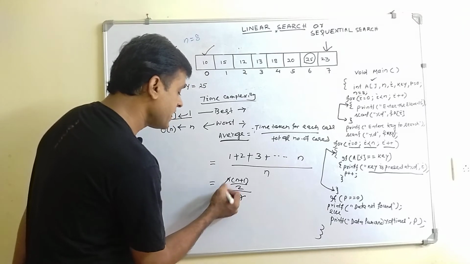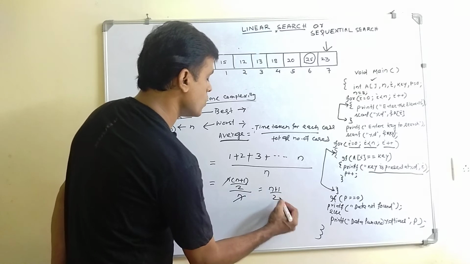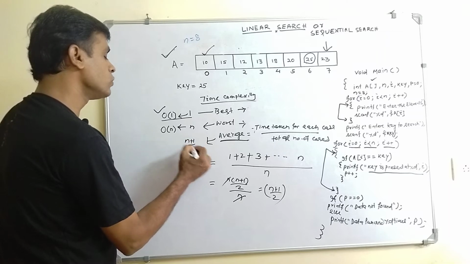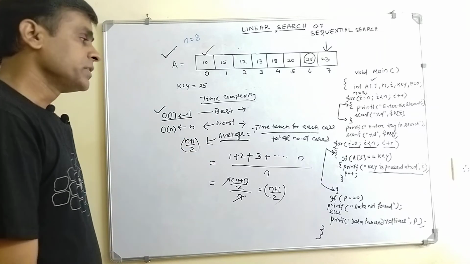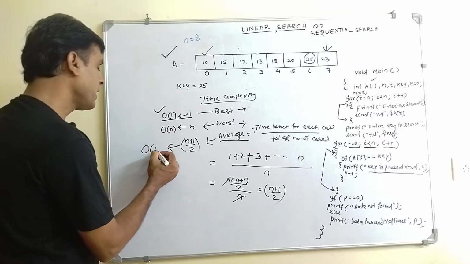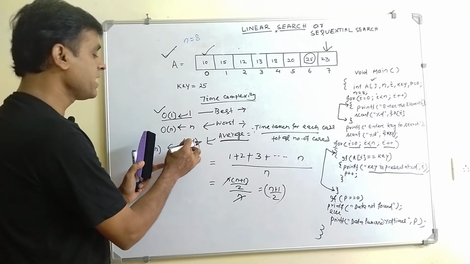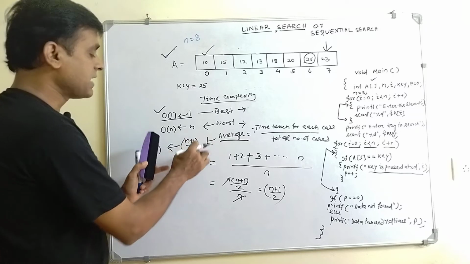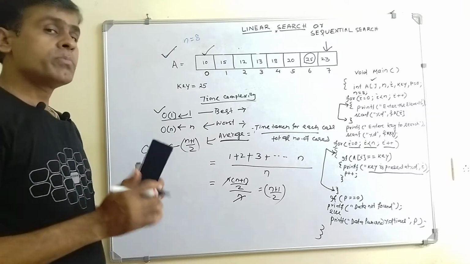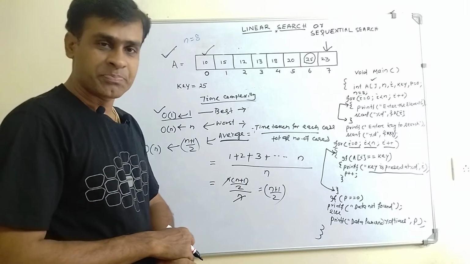You can cancel n with n, and it will be n plus 1 by 2. So the average case time complexity is n plus 1 by 2, and it can be represented in the growth function as big O of n. Because it is n by 2, if you take n by 2 plus something, it is also order of n. So for most algorithms, the average case is the same as the worst case.